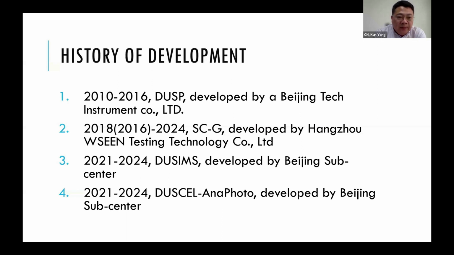And then we have the second one. It was almost in 2018 that we bought another image analysis software called SCG. It's also a commercial software. And since 2021, we developed our own image analysis software or algorithm, something like that. So next.